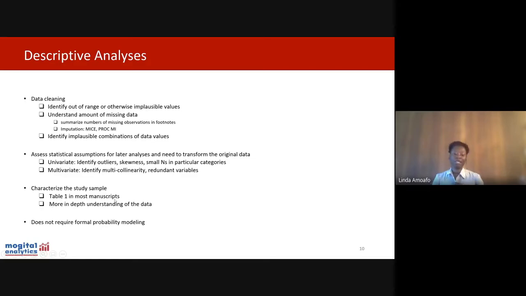I'll show you an example of what a table 1 looks like. It also gives a more in-depth understanding of the data. Doing descriptive statistics does not require any formal probability modeling, and we'll talk about that later.